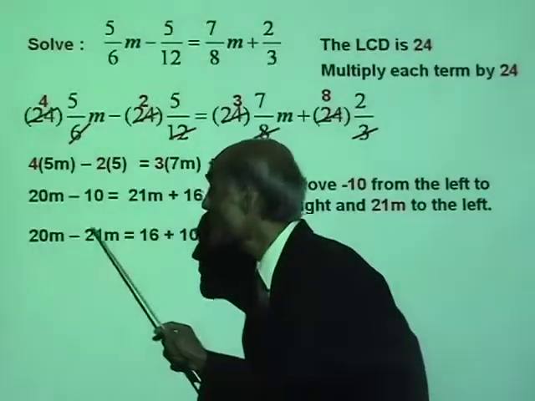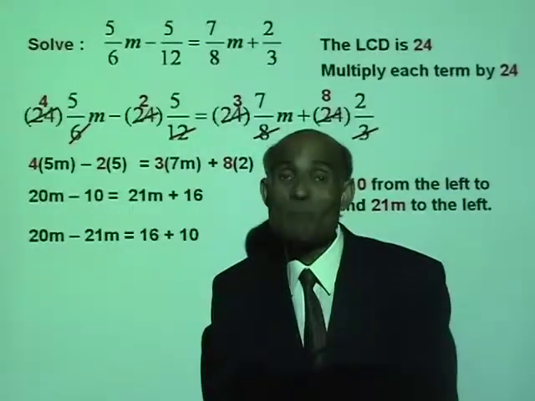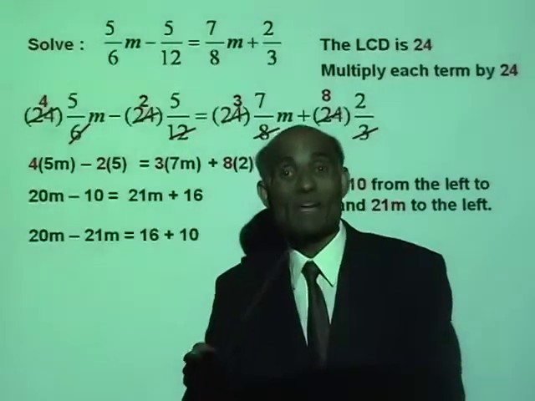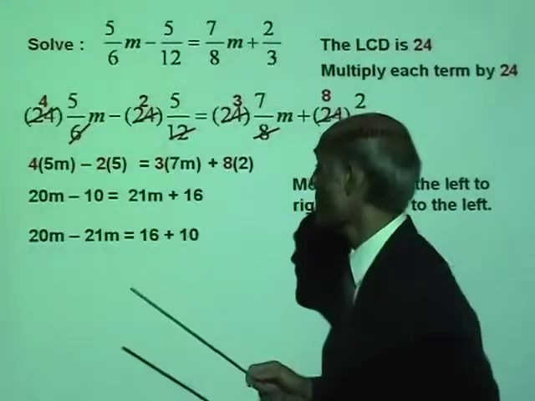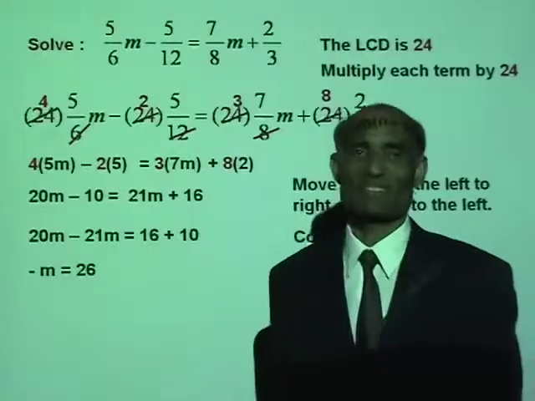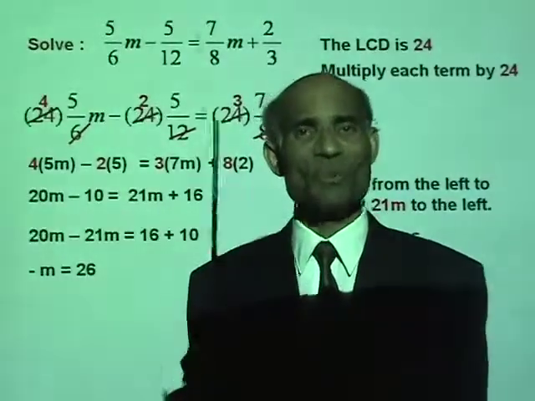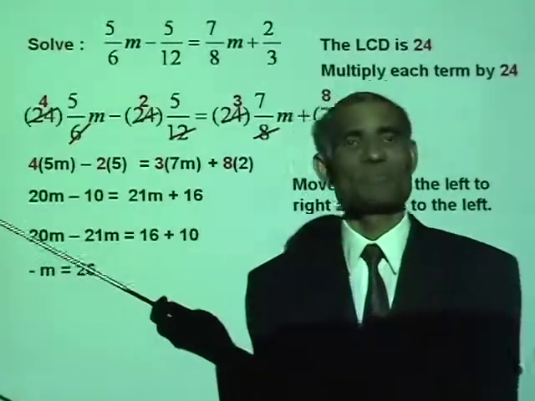What is 20m minus 21m? 20m minus 21m is a negative m. A negative m equal to 26.